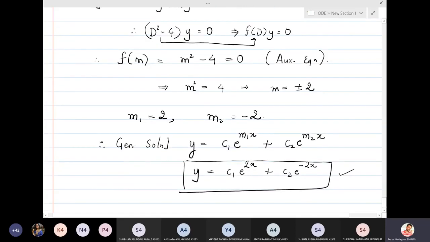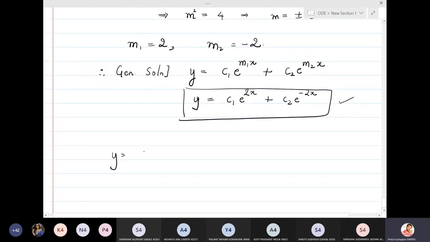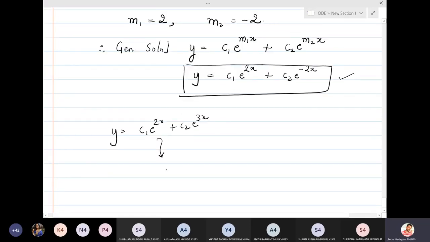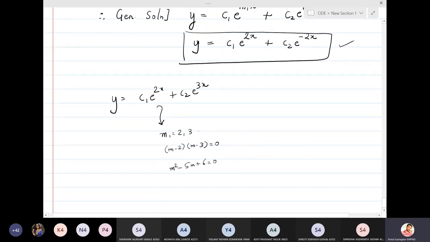Okay, now as we know, once you give me a differential equation, this is going to be the solution. Suppose I am given y equal to c1 e power 2x plus c2 e power 3x, and I want to find the corresponding differential equation. What am I going to do? I know the roots are 2 and 3, and therefore the factors must be m minus 2 and m minus 3. This is the auxiliary equation, m square minus 5m plus 6 equal to 0, and this is f(m), right?